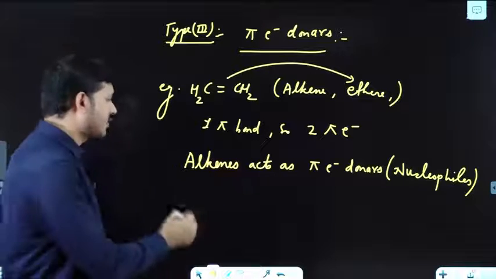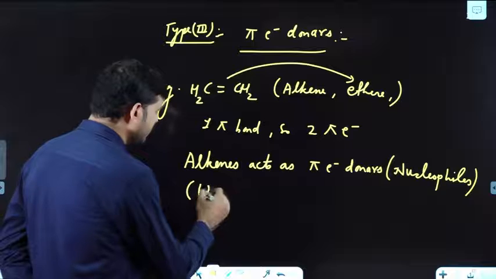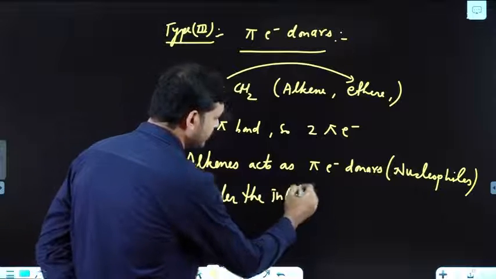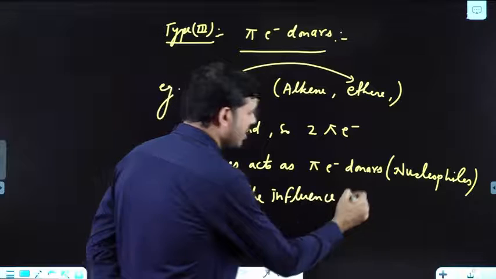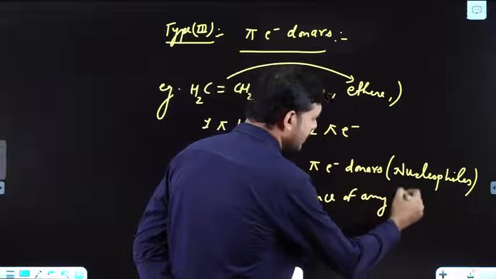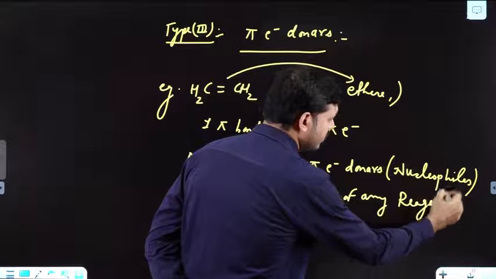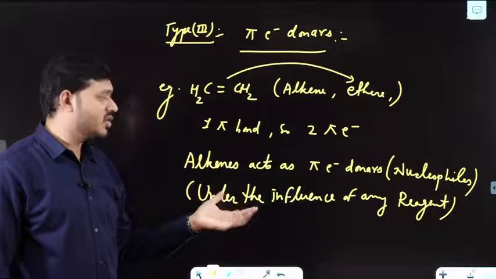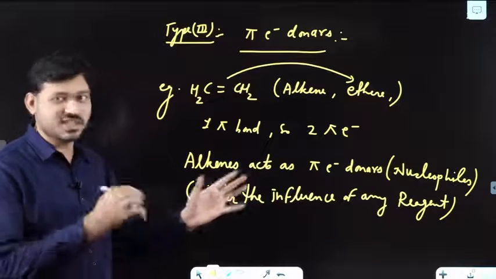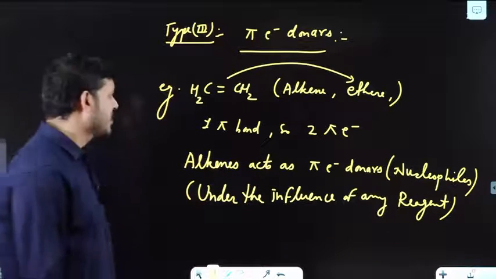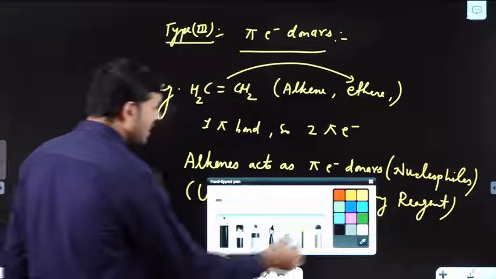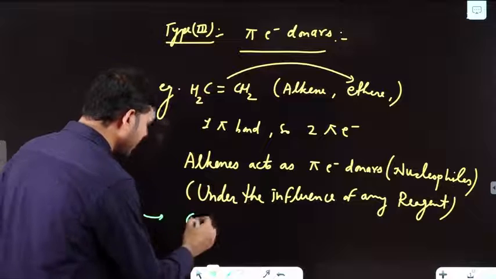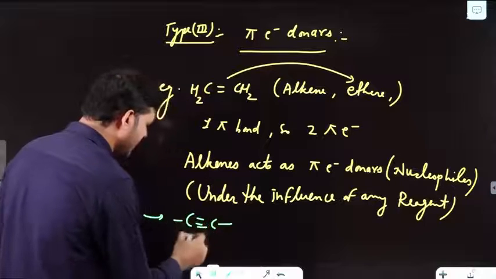Okay, so we can say here under the influence of any reagent. Now you will think, sir, it is itself a reagent only. So I am telling under the influence of any reagent or any compound. Okay. Now the question arises, what about alkynes? I just mentioned here alkenes. C triple bonded C.